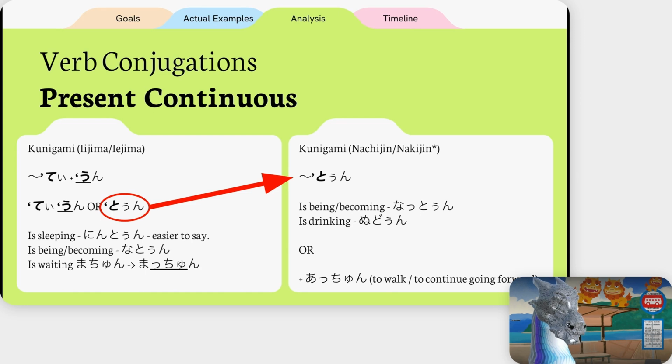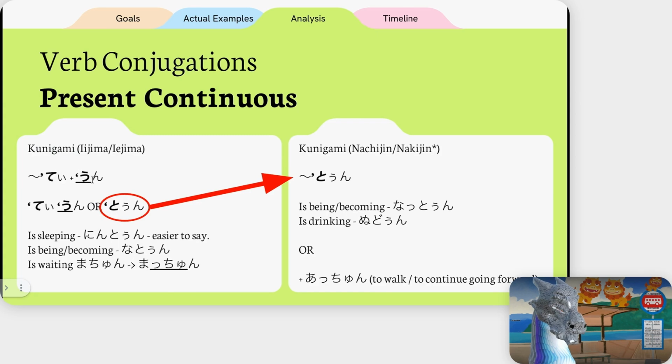Obviously the present continuous depends on which language, and even which dialect of that specific language, we're looking at. So let's start with the first one, which is for you to understand what the idea is.